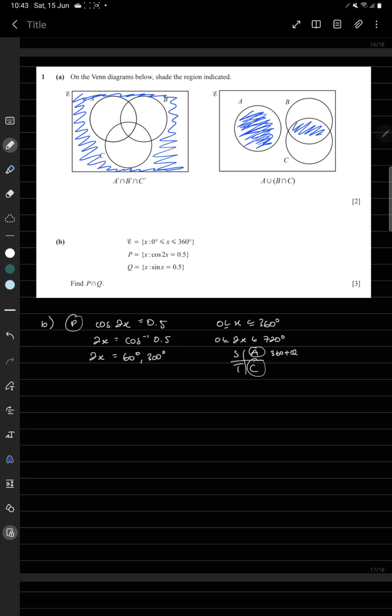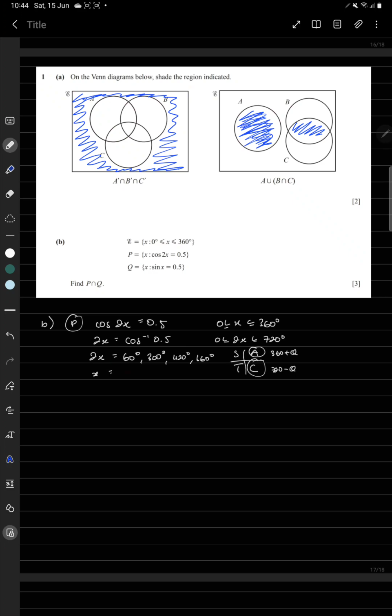It's a reset, right? You're no longer starting from 0, you're starting from 360. So this will give you 420 degrees. And lastly, for C, it's going to be 720 minus theta, which is 660.